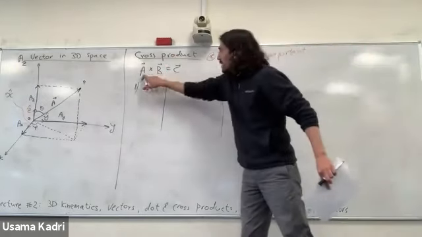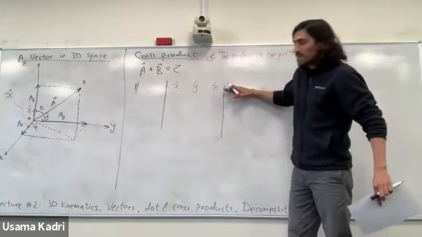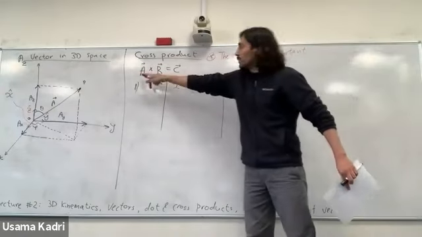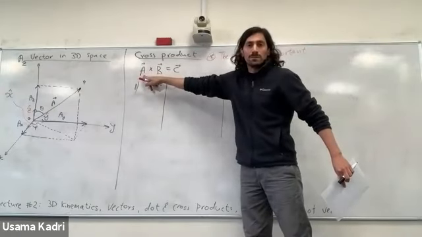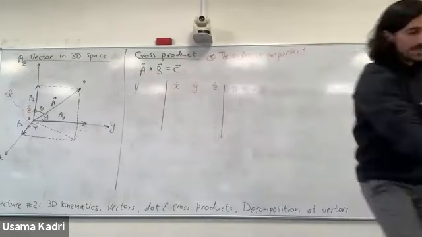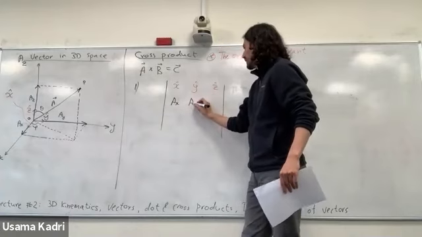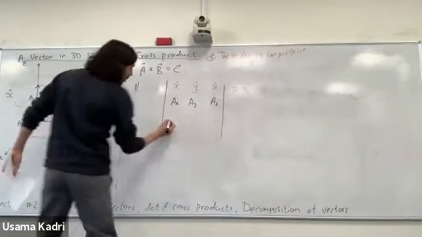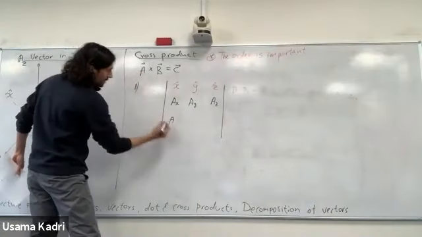If you have A cross B, the first line is always the unit vectors. The second line would be the components of the first vector. So we have AX, AY, AZ. And then the components of the second vector.